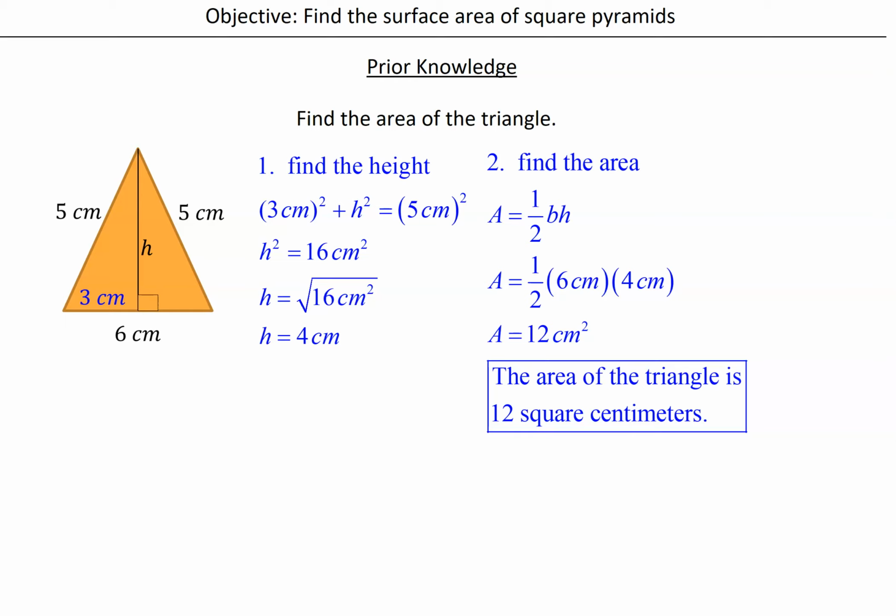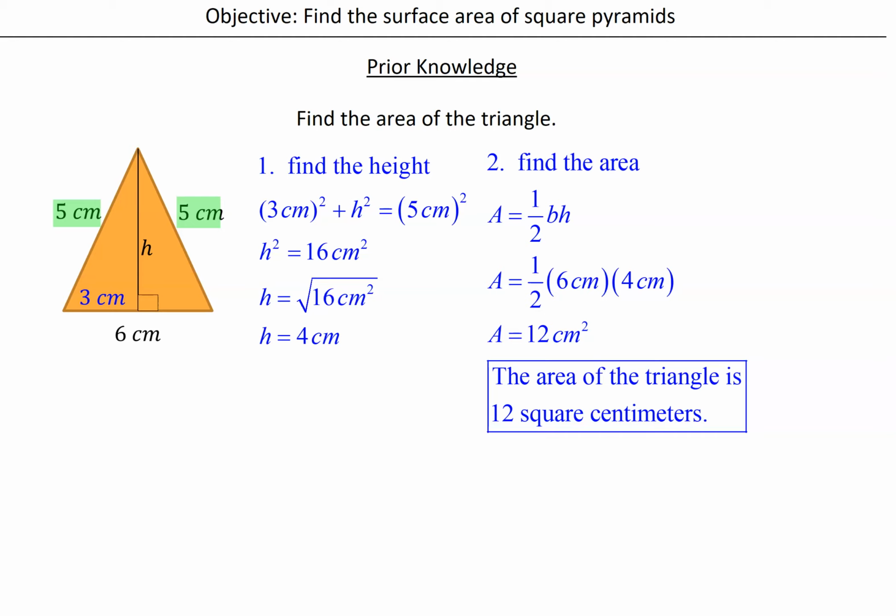So this particular triangle that we are shown here is an isosceles triangle. I want to remind you of something that is true about an isosceles triangle. An isosceles triangle, remember, has at least two sides congruent.